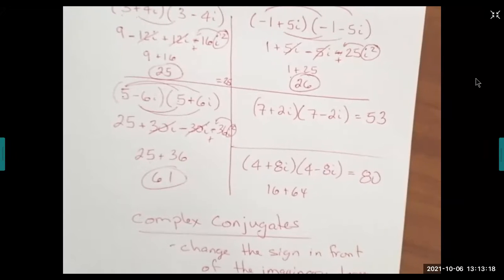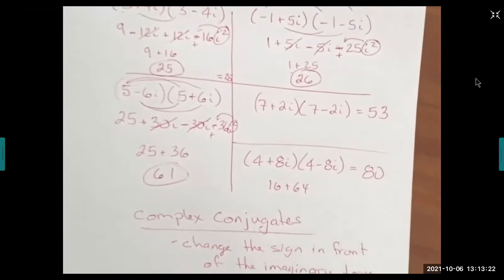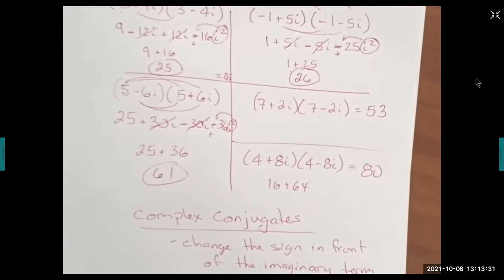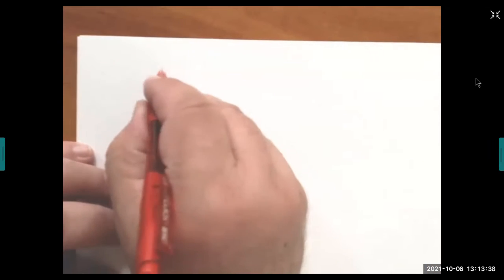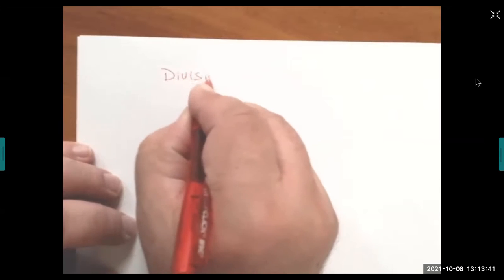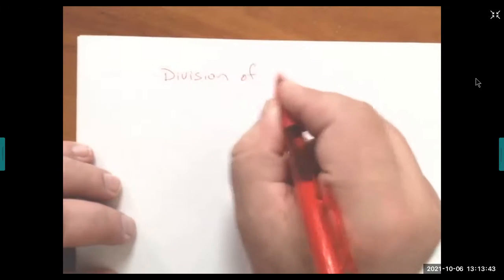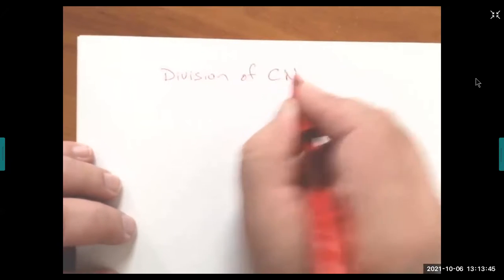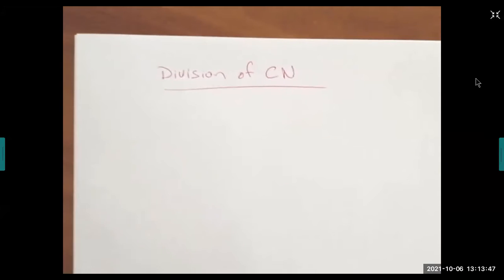Now, why did we learn this? What's the only algebra part we haven't talked about yet? Division. We've talked about add, subtract, multiply. We haven't talked about division yet. Division of complex numbers only has one rule.